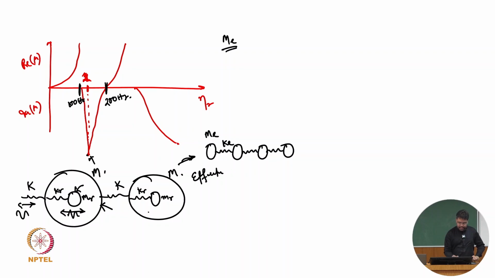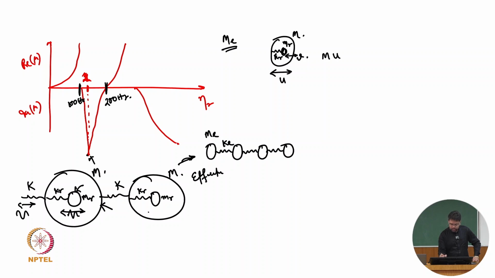So just forget that K. Suppose this is the mass M, this is the internal unit of mr, capital M, and this is small kr. We are exciting it with u and we are exciting the internal with v. So what is the equation?